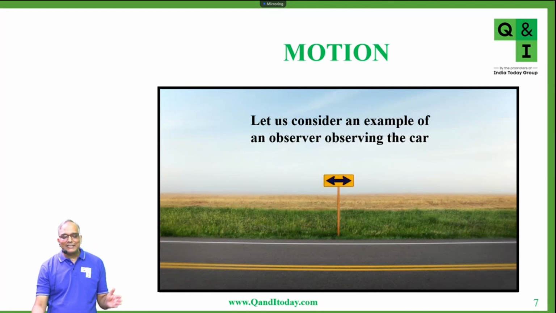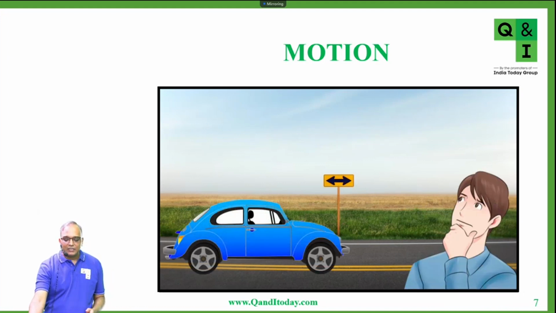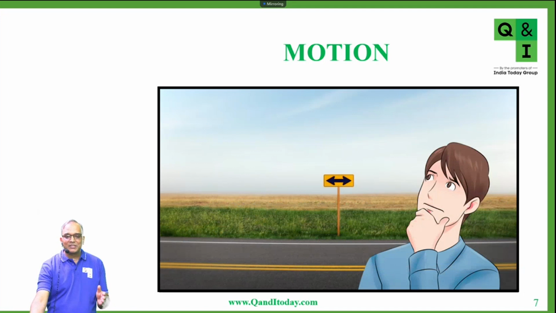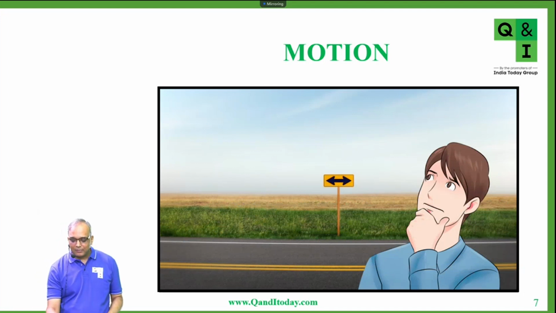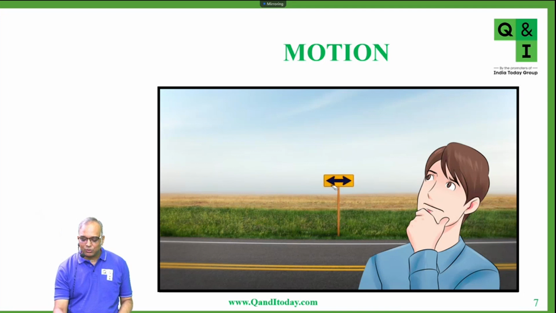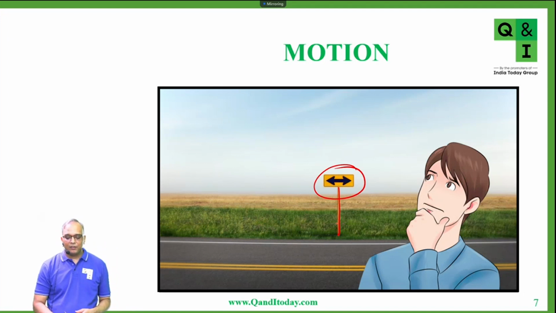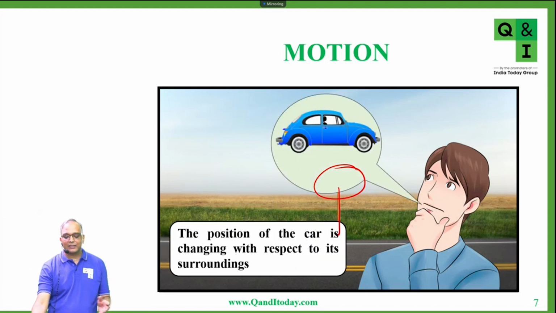Let us consider an example of an observer observing a car. Let's say there is an observer and there is a car. He observes that the car is moving with respect to some fixed position, some direction, with respect to which the car is moving.